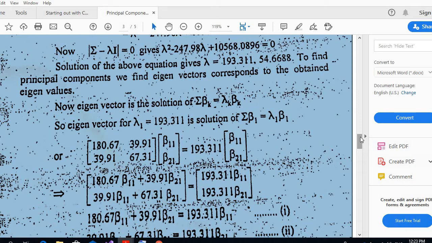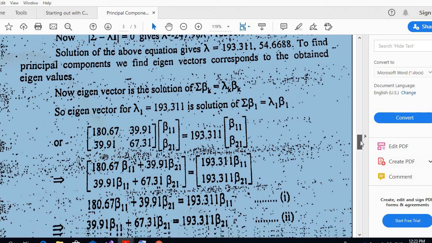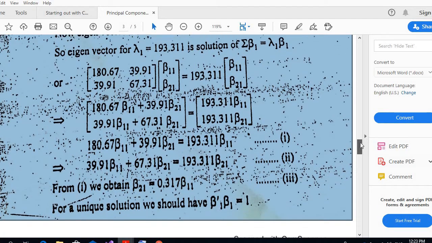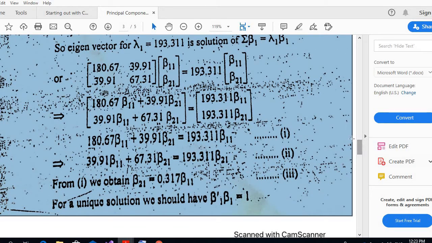First we take k equal to 1, so variance covariance matrix into beta 1 is equal to lambda 1 into beta 1. After replacing the respective values, we obtain equation number 1, beta 21 is equal to 0.317 beta 11.